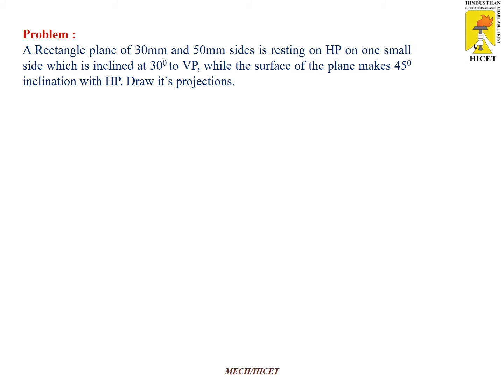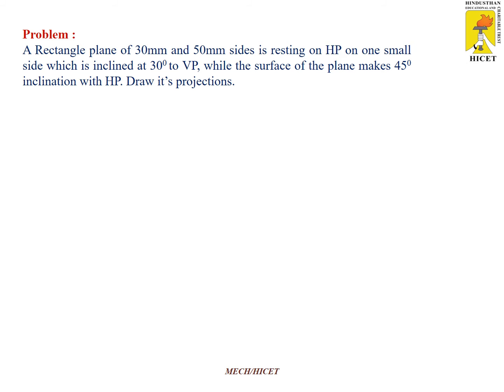Now we are going to draw the rectangular plane projections using the data given in the problem. First, you have to see the smaller end is 30 mm and the bigger end of the rectangle is 50 mm. So first you draw the actual position of the rectangular plate.